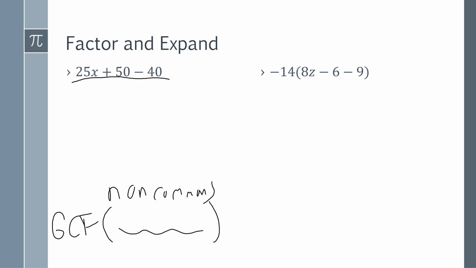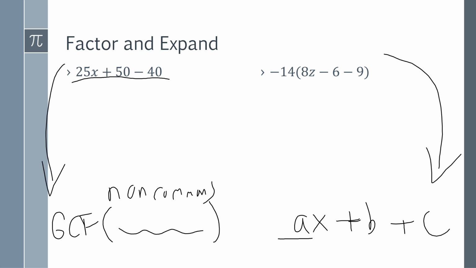Of course, when you are to expand, you simply use the distributive property. So you should have 3 different terms: ax plus b something plus c something, whatever you get from that. So you know what it means to factor, and you know what it means to expand. So you guys try that out.